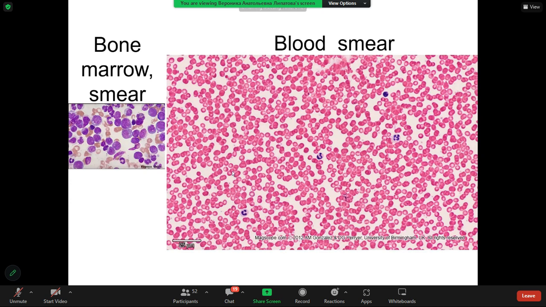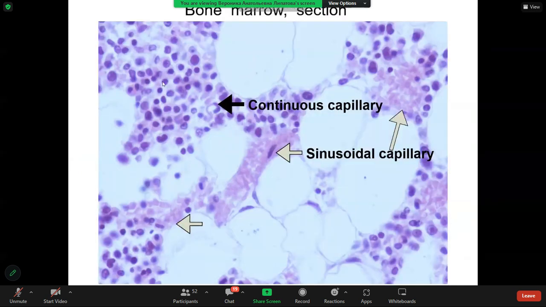First of all, predominant cells in blood smear are erythrocytes. Predominant cells in bone marrow are nucleated cells. Understand me? Different in size, in degree of differentiation, and so on. And that's why, because of lots of nucleated cells in it, bone marrow in hematoxylin-eosin stain looks intensively basophilic.